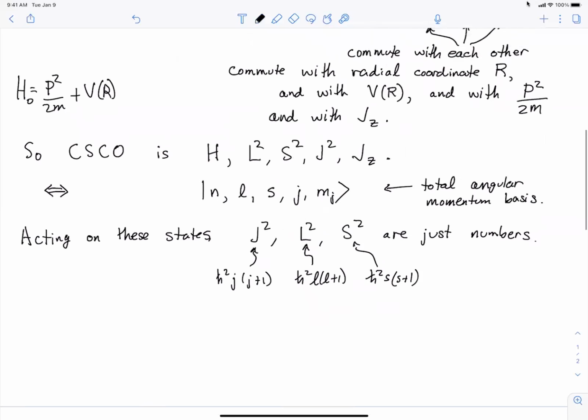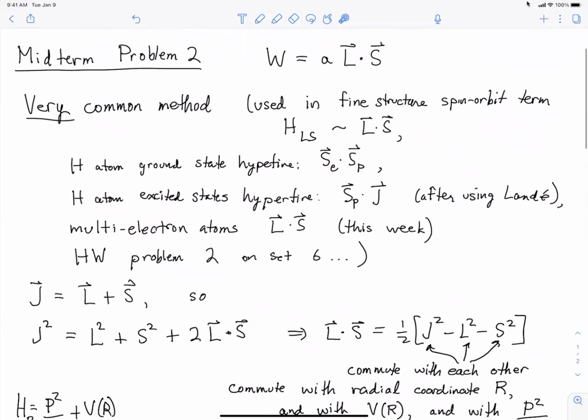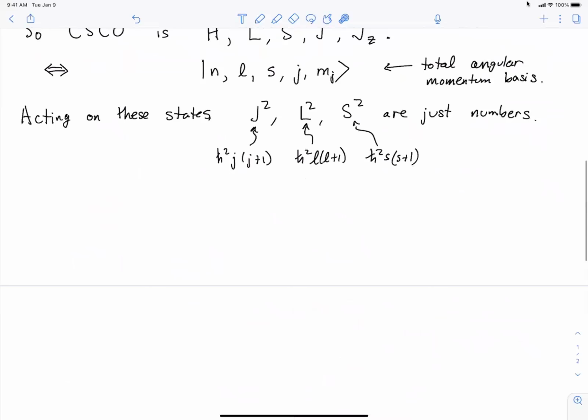Okay, and so since all of those are just numbers acting on the state, so is L dot S, and therefore so is our perturbation Hamiltonian.